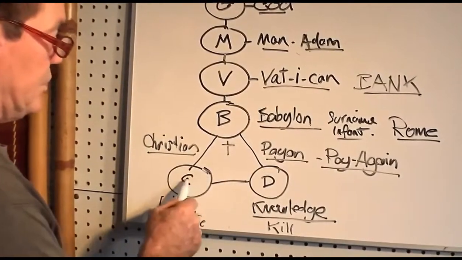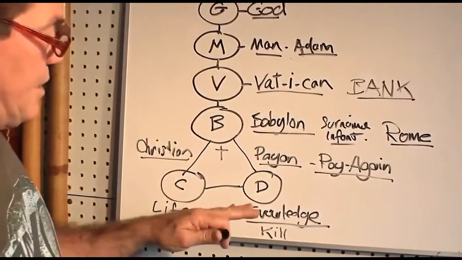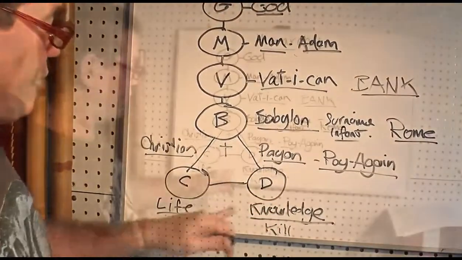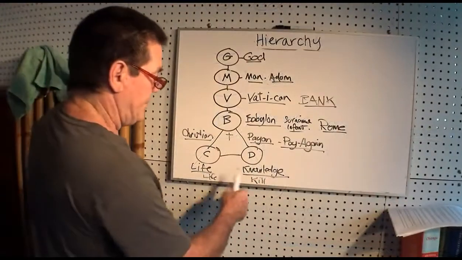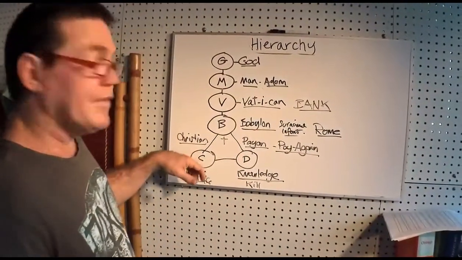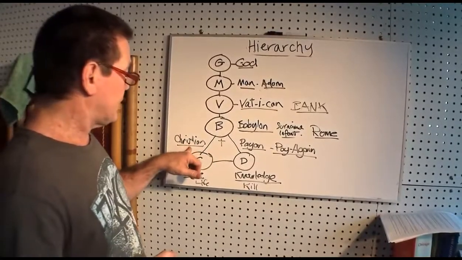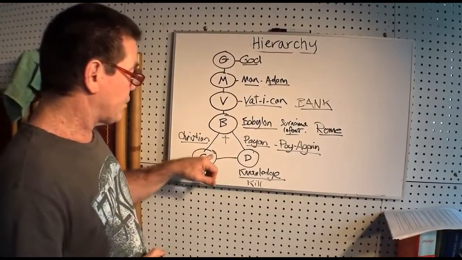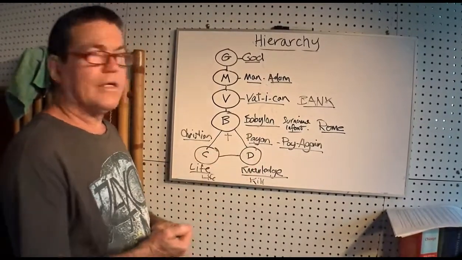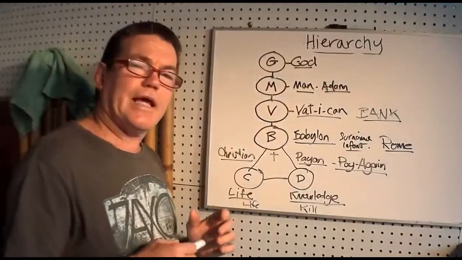My name only. So now we have these two accounts, the creditor and the debtor. The tree of life, the tree of knowledge, life, death. Death, life. They're called accounts. So this account is the account of the creditor. This is the account of the debtor.